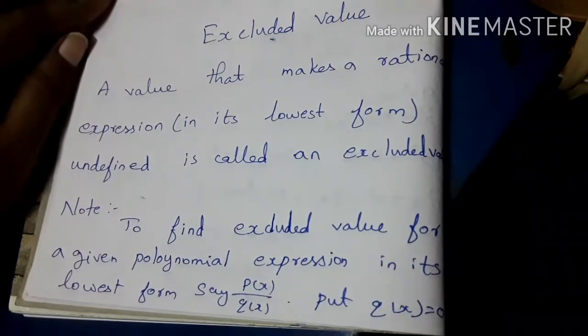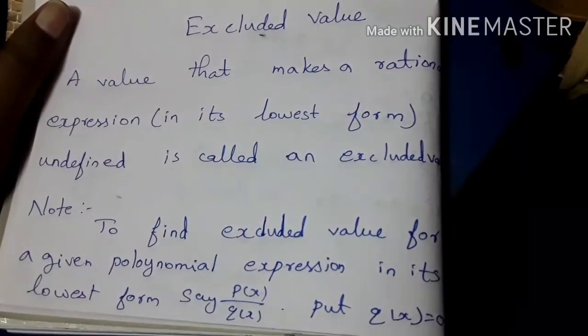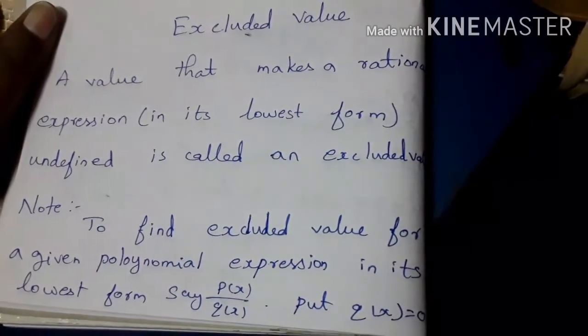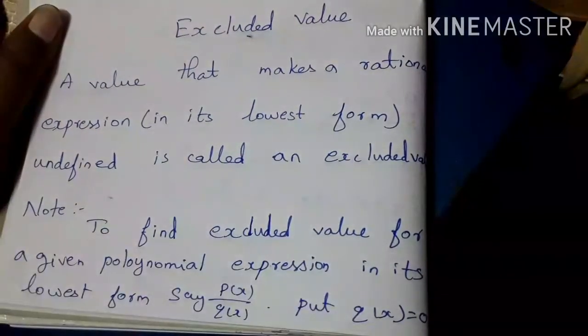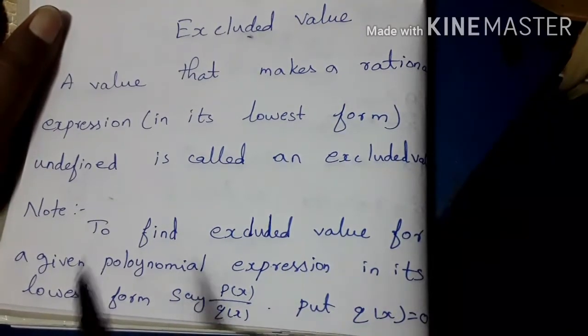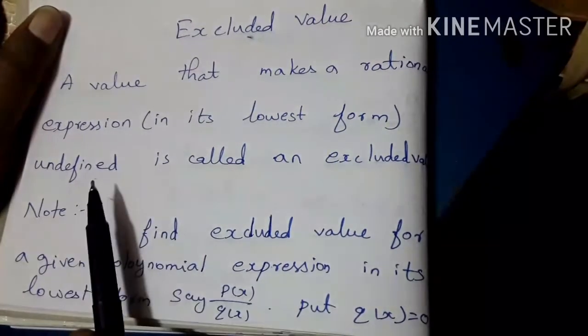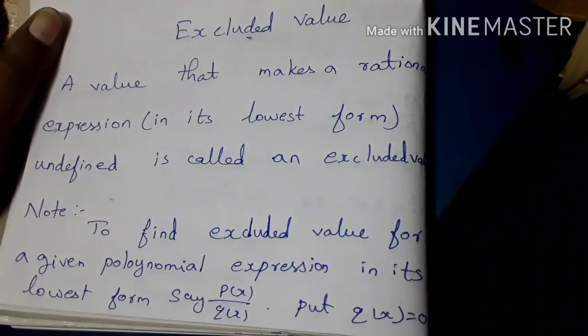Next we will see the excluded value. So what is an excluded value? We bring the rational expression to lowest terms by factorizing and cancelling. The value that makes the expression undefined is called an excluded value.